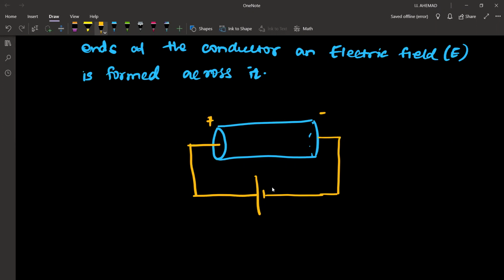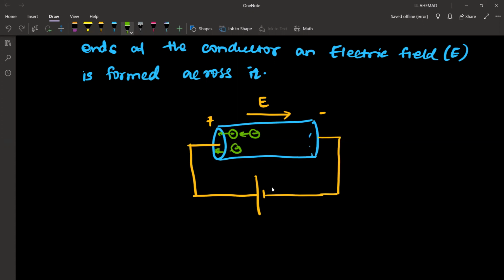So it is going to form an electric field in this direction. Due to this electric field, what can you tell about the negative charges? The negative charges are going to move in this direction. They are going to align to one direction and move opposite to the field.